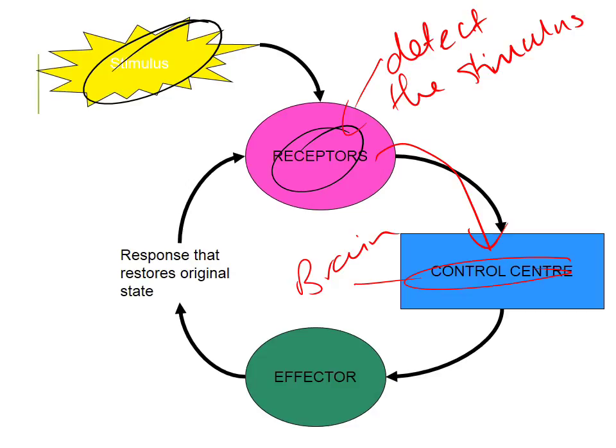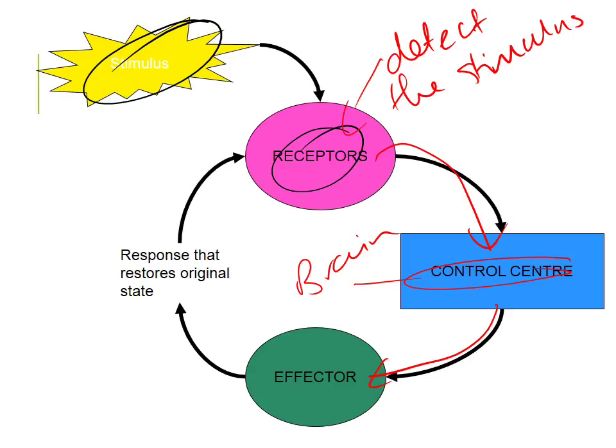So if we touch something and it's painful, this is a quicker response, but generally we then decide that we don't like this pain, so we need to remove ourselves from this painful situation. So once the control center has made up its mind on what it's going to do, we then go to the effector, and this is the thing that makes the change within us.